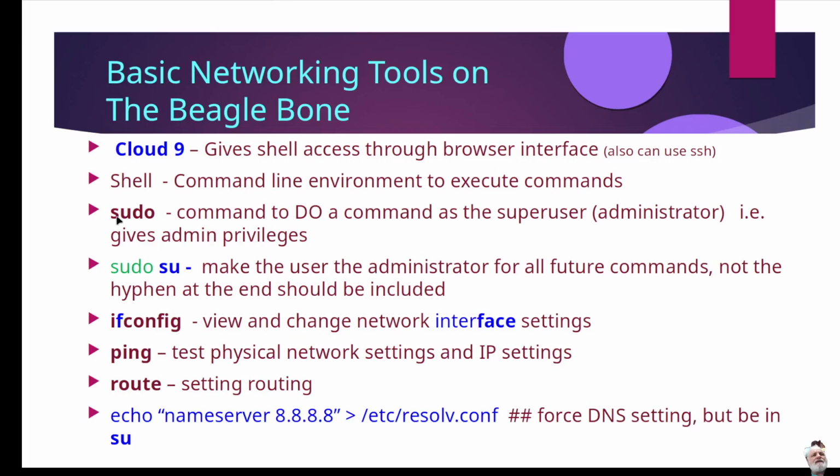So there's a command called super user do, or sudo, which will allow you to do one command as super user. And a lot of people frown on this, but what I like to do is sudo space su, and this will give you full administrator access. And this dash here will pull in the administrator's environment, which will make life a little bit easier.